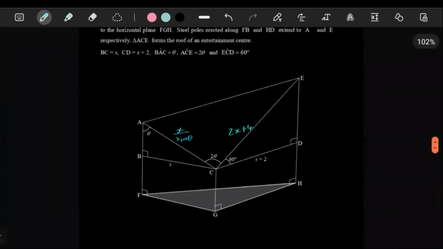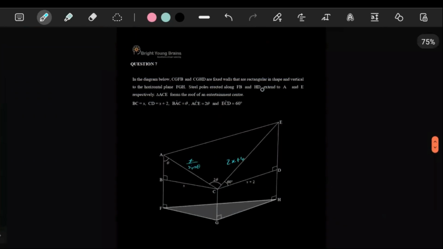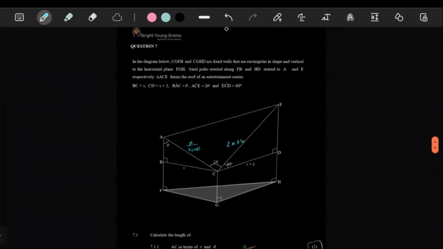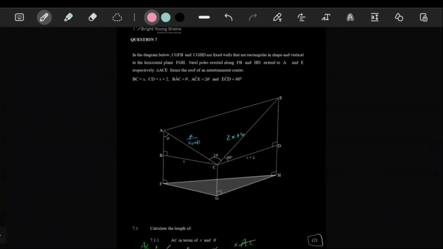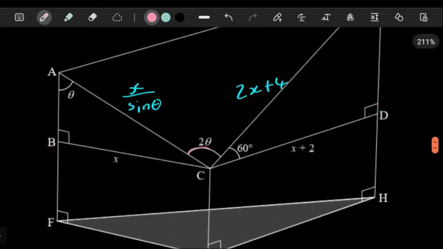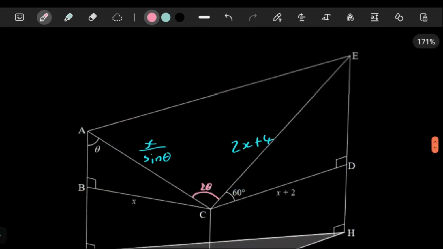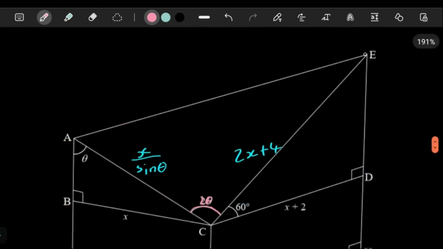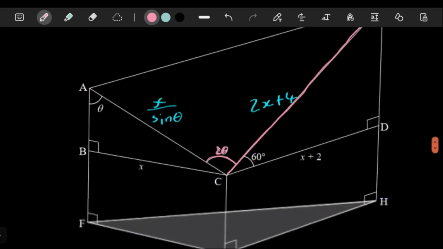So you can see we can use the area rule here, because remember the area rule needs us to have an angle, and then we need to have 2 sides, one side on the one side of the angle, and then the other side on the other side of the angle.